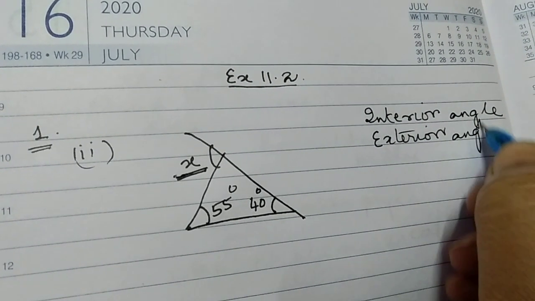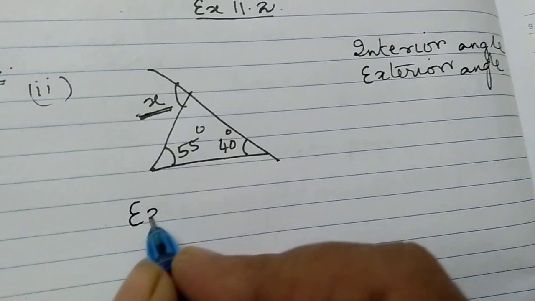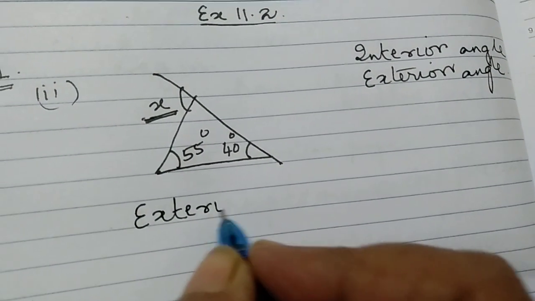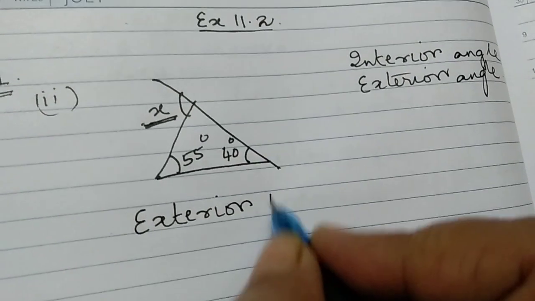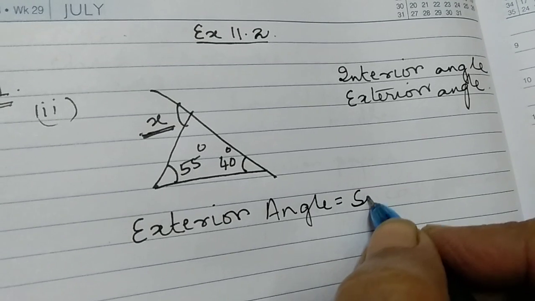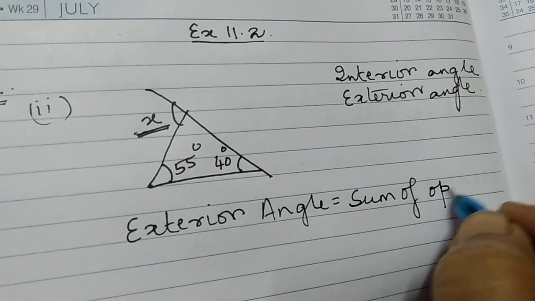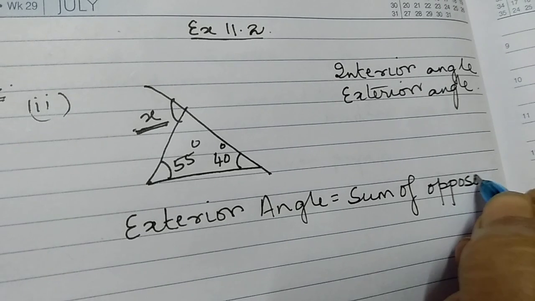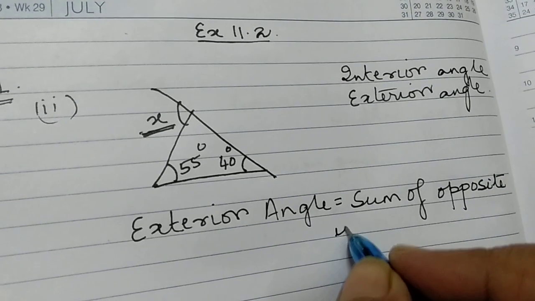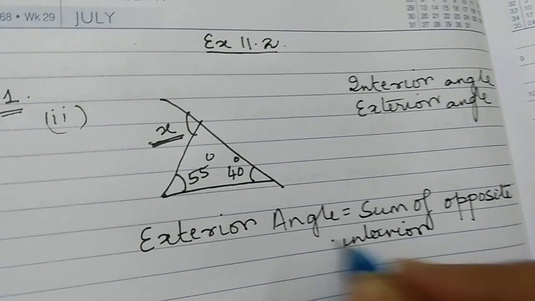Now, is there any relation between the exterior angle and interior angle? Yes. The exterior angle, please write this down, this is very important: exterior angle is equal to sum of opposite interior angle.